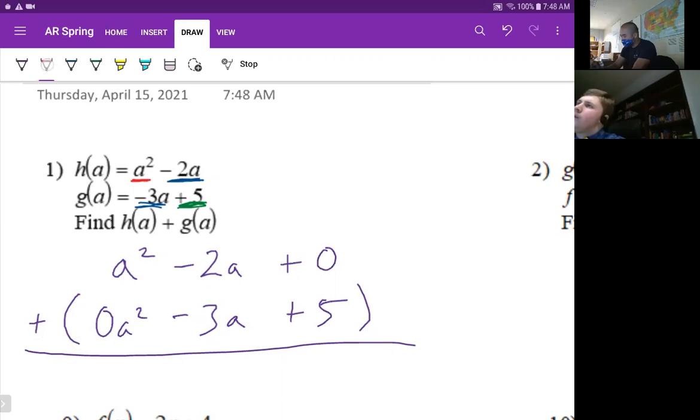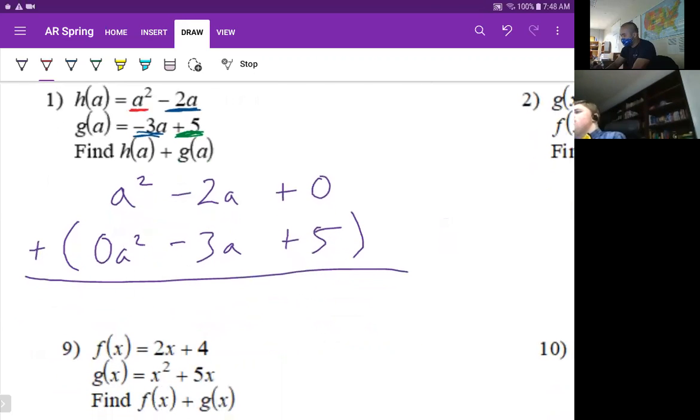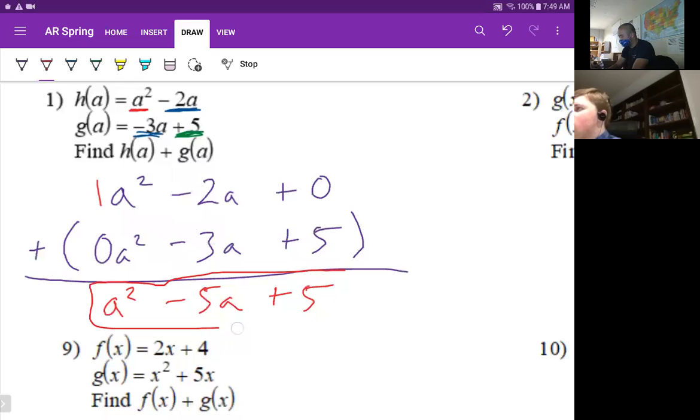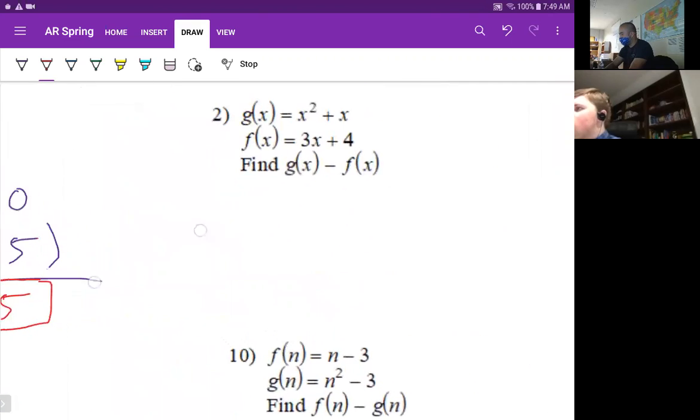Your answer: 1a squared plus 0 is just a squared. Negative 3 plus negative 2 is negative 5a. And then 0 plus 5 is 5. So here's the answer to number 1. That's how this works.